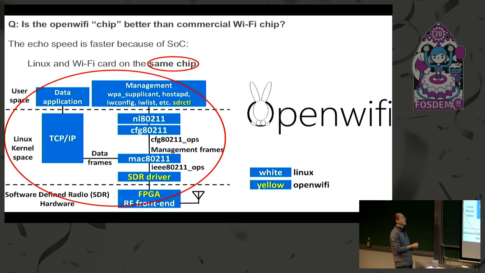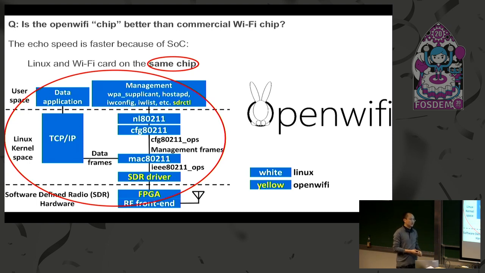In that case, our full Wi-Fi stack, from the Linux application to the baseband, is in the same chip. As you can see, the red circle: the Linux operating system, user space, kernel, driver, and FPGA, not the front end. All these things are in the same chip.